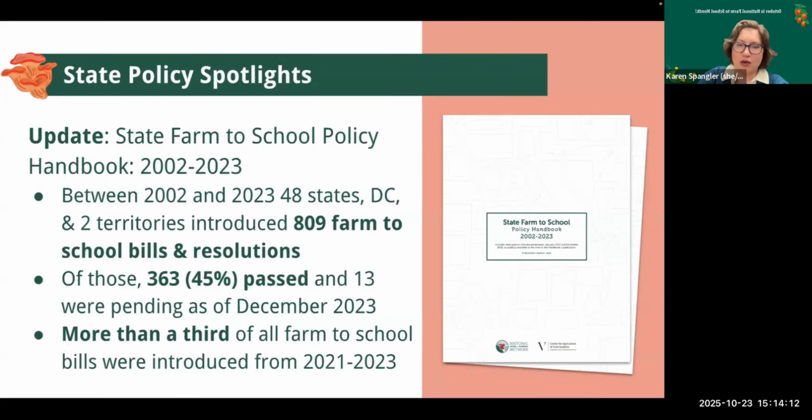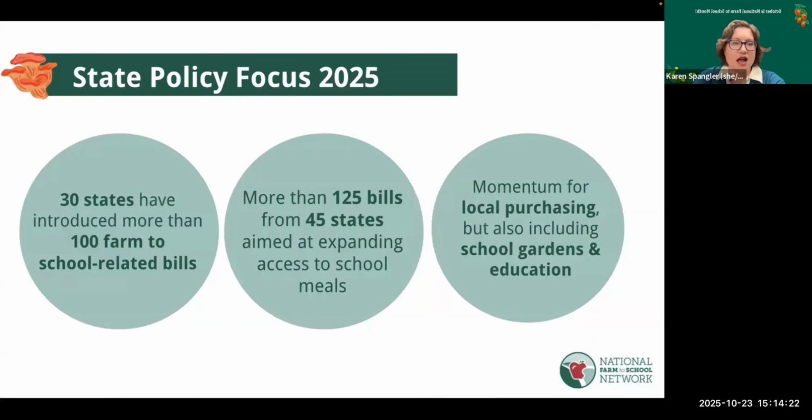I encourage you to go check that out and to learn more. And then if you're interested in what's happened so far in 2025, I can go to the next slide. We have a really great update about what has been happening, what states have been doing so far this year. So again, even when states are coping with a lot of uncertainty or dealing with their own response to federal changes, more than 30 states have introduced more than 100 farm to school related bills, as well as bills aimed at expanding access to school meals.